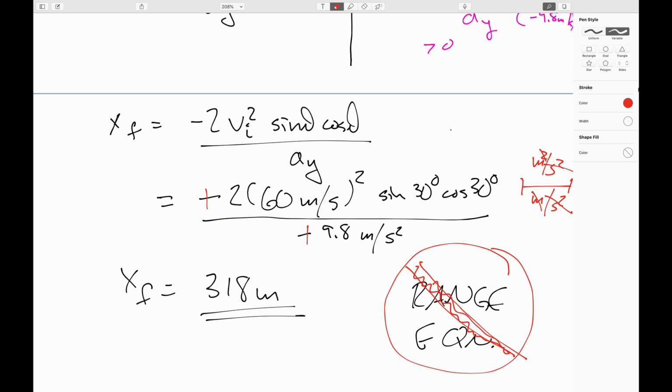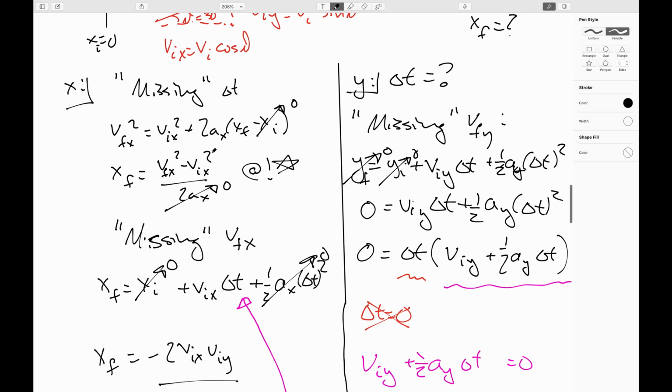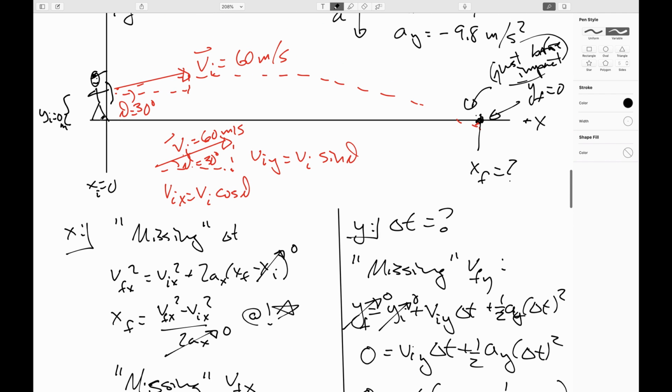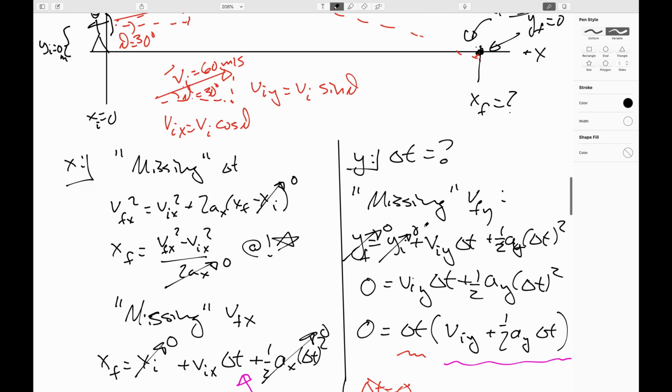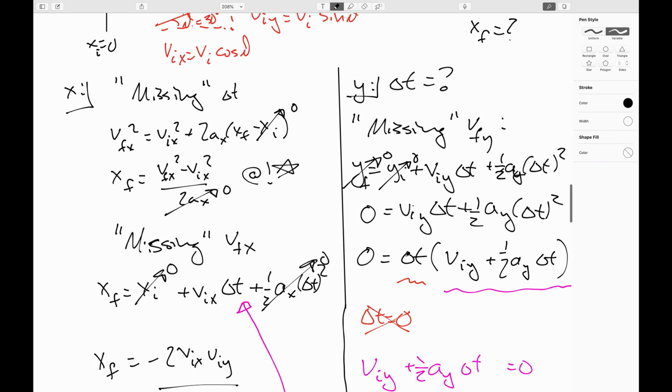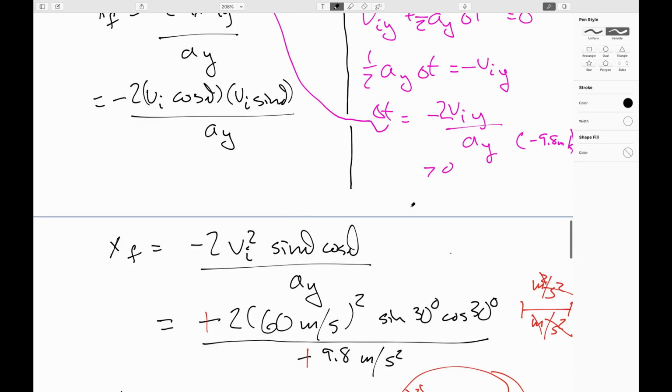That's because if you have encountered this beast, it is only valid for shooting over flat ground. So remember this problem here. In order to make things easier, I had said, let's assume that the arrow got launched from the ground. But in reality, the arrow is going to be something like 1.5 meters off the ground. So if you're going to be doing this more carefully, that's something you could not ignore. And then that means you couldn't stick in 0 for y initial.